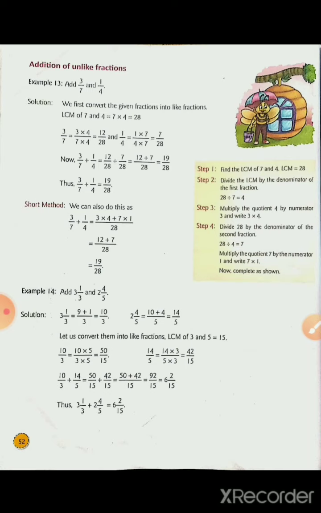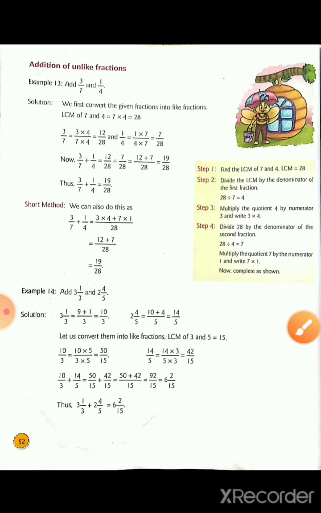Then we divide the LCM by the denominator of the second fraction, multiply that quotient with the numerator of the second fraction, and then add. So 12 plus 7 by 28. These are the two methods we can apply.